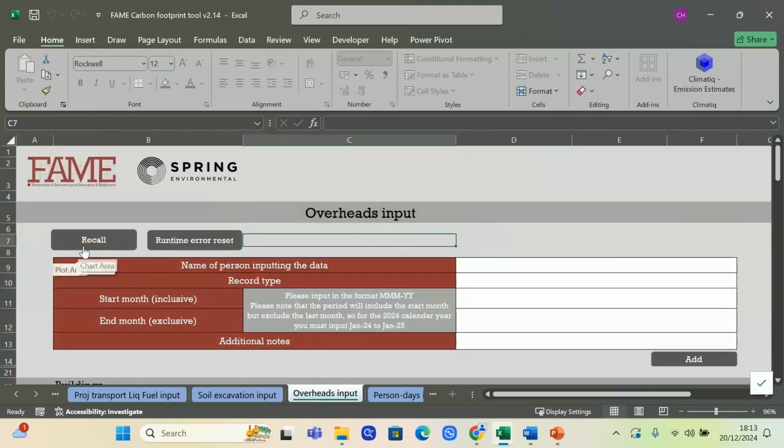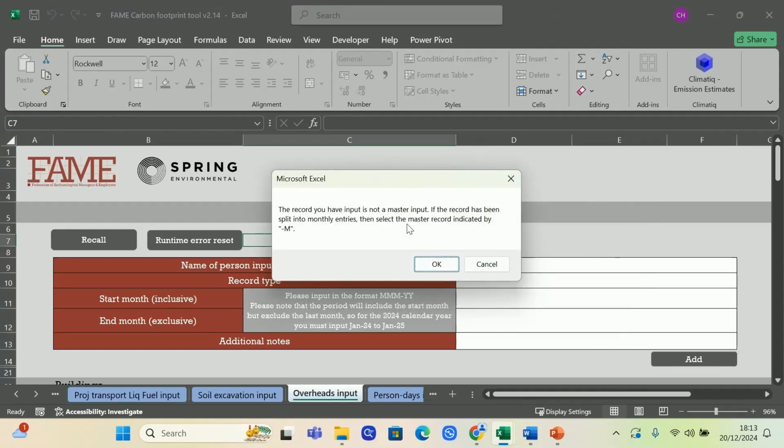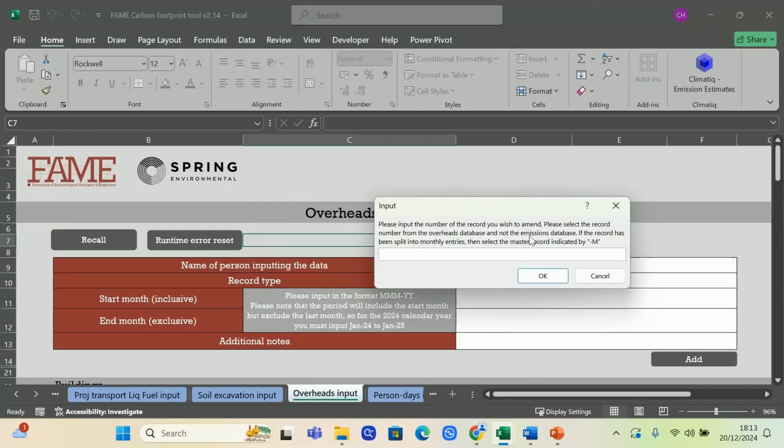Then if we recall, and say we did 3, you need to recall the master input instead of the individual monthly entries. If you have a hyphen, then it must be an M. Because if you input only 1 month, then it doesn't have the master because it doesn't need to be split up. But if you're recalling a split entry, then you must have hyphen M and recall just the master one.